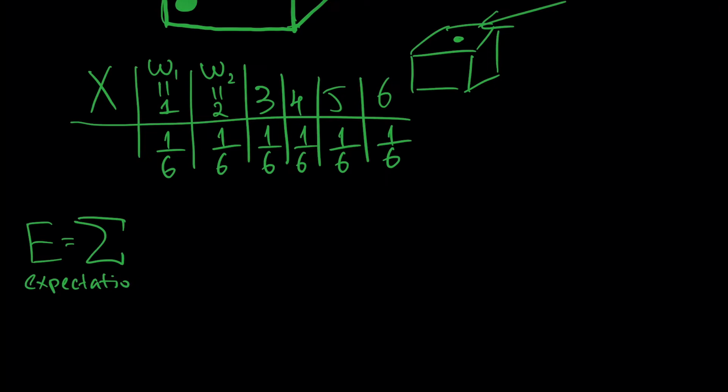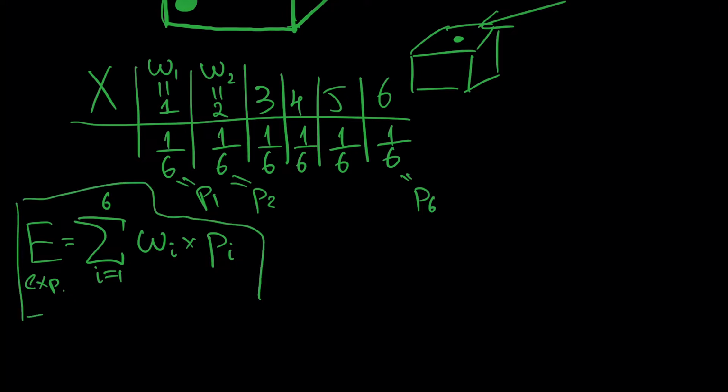This is the sum over each outcome, so we have I from 1 to 6, outcome number I times the probability of I. Here, this is P1, the probability of getting 1, and so on, up to P6. This is called mathematical expectation or expected value.